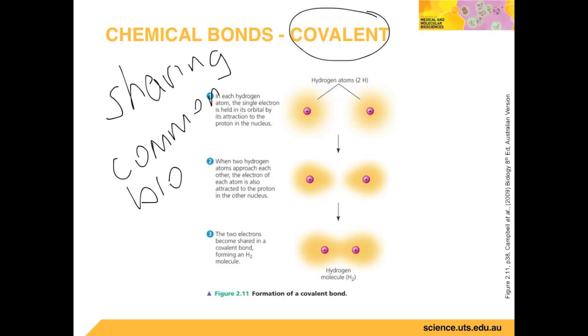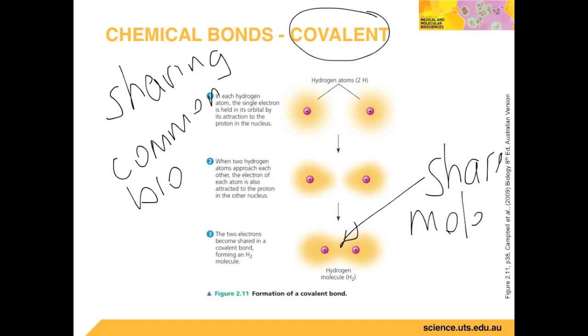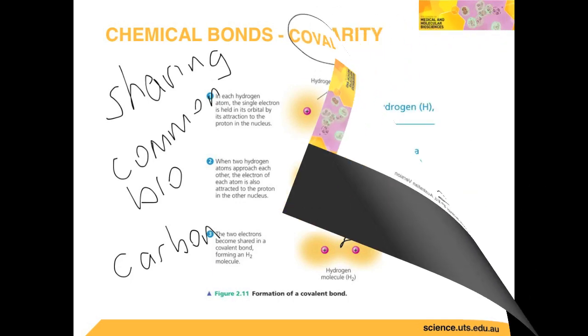When we're looking at a covalent bond, we're looking at the sharing of electrons to make a molecule. We are carbon-based organisms, and carbon compounds like sharing electrons. Carbon compounds use covalent bonding.